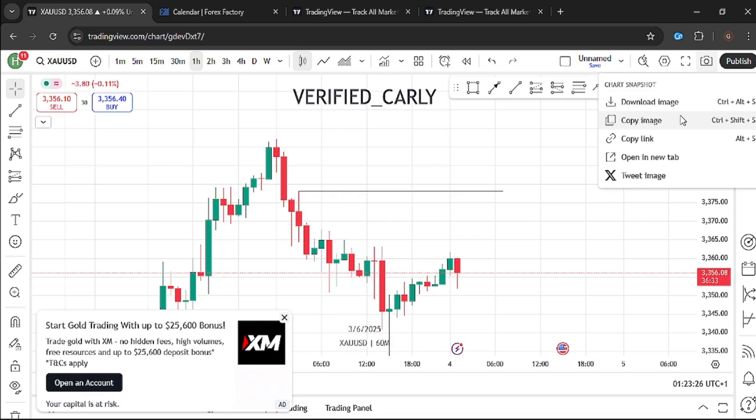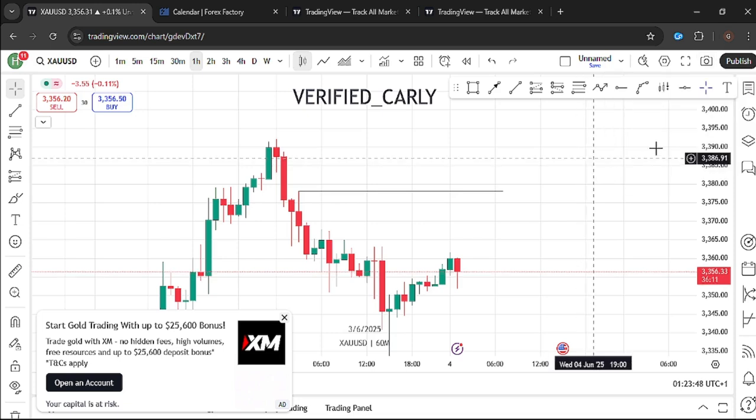You can copy the image. That is the link. You can copy link. You can open a new tab. Okay, there are different things that you can do with snapshots. So that's the use of snapshots. If you want to send the analysis to a friend or something, you can just easily download the image and send it. So publish doesn't have much use.